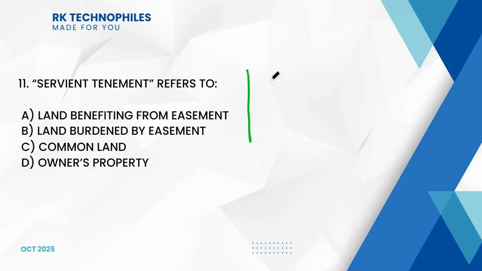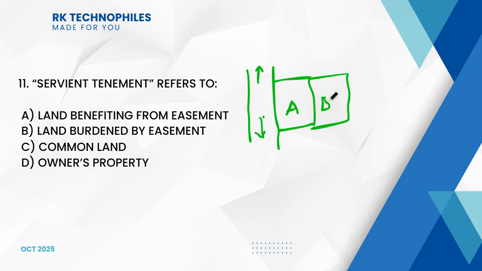Imagine there is a highway passing here or a road passing like this. There are two plots like this, A and B. So for B to reach his property or for B to reach the main road, he should have access.